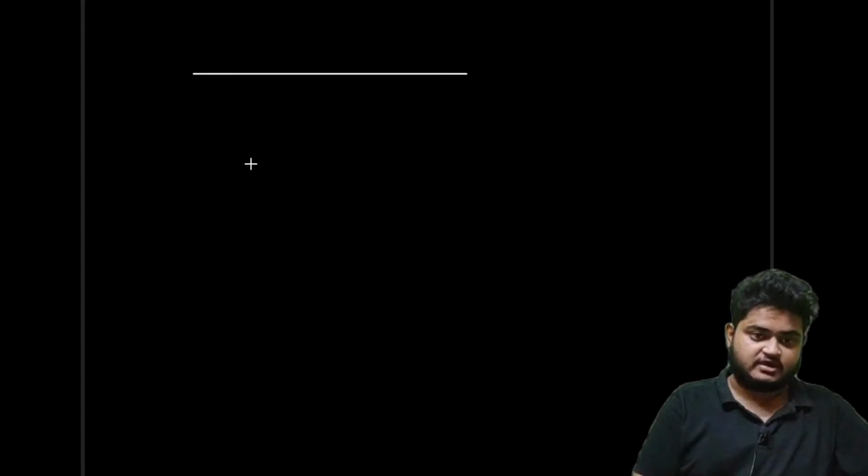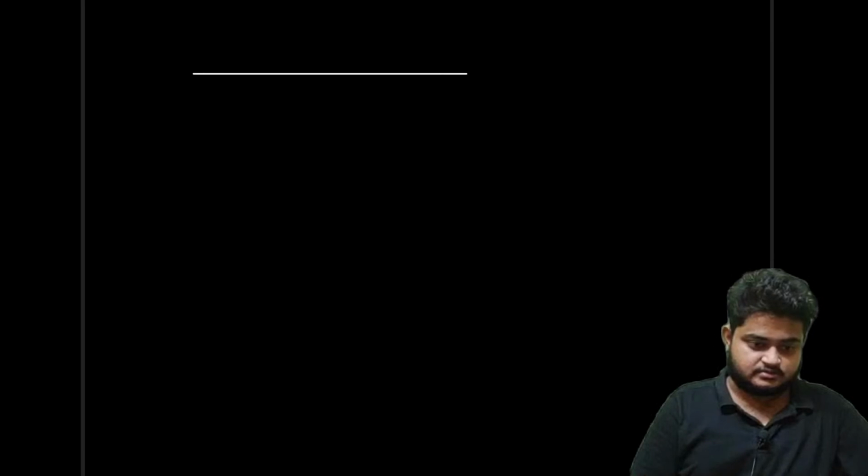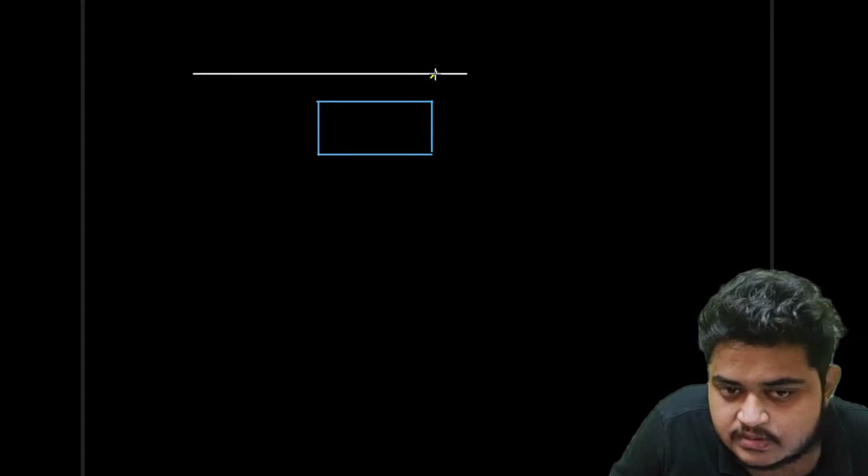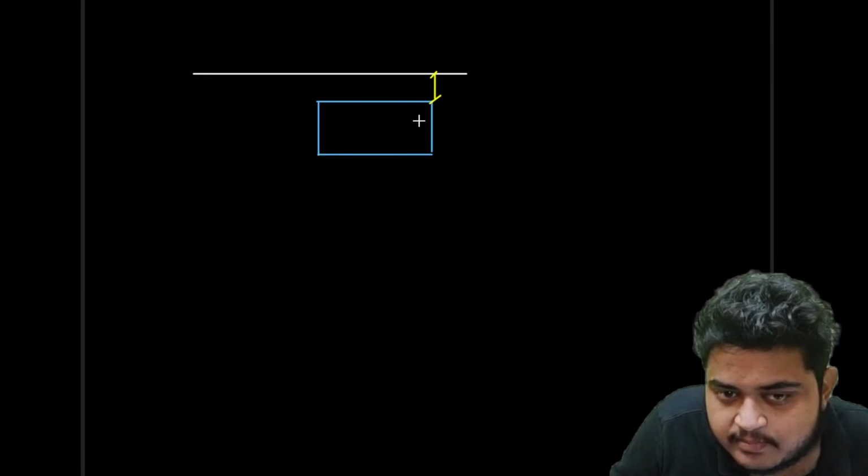Now let us draw the water surface. So this is the water surface, and this gap is 0.5 meter, I hope.